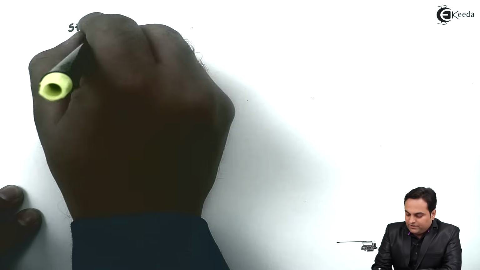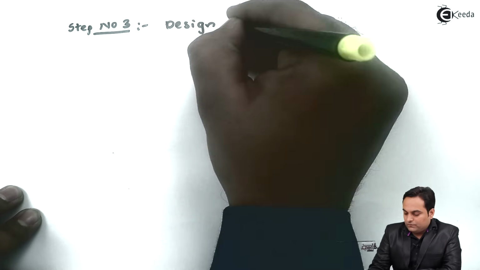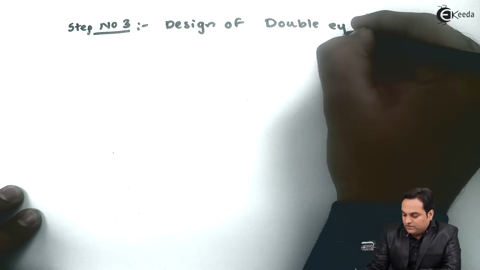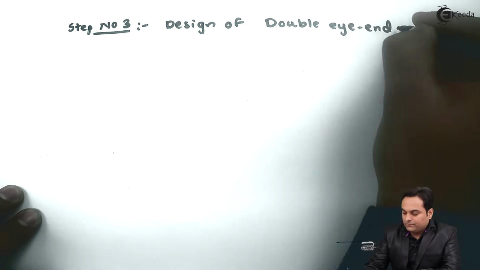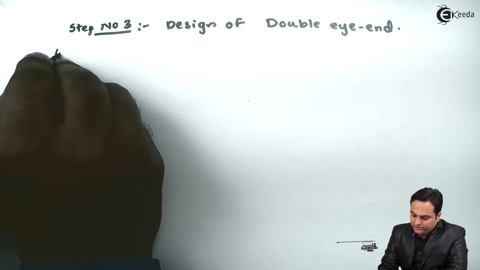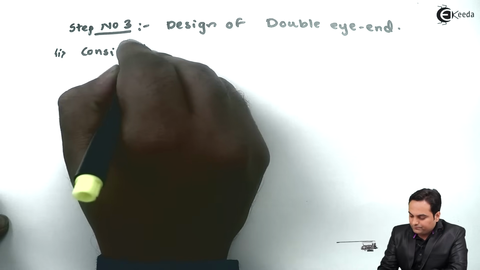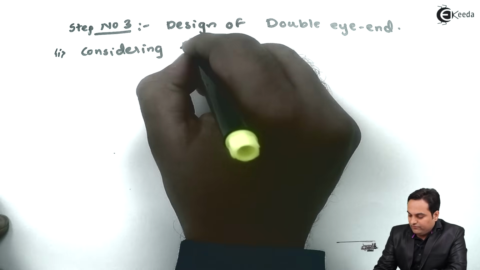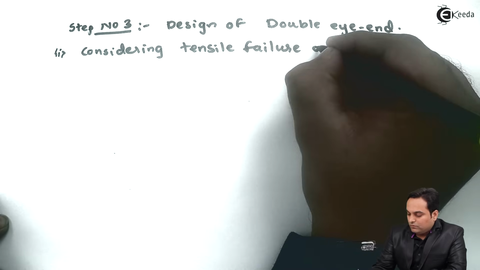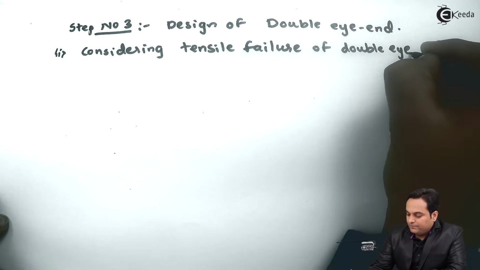In step number 3 we have design of double eye end. Now for double eye end also, the first kind of failure which we will consider is considering tensile failure of double eye end.